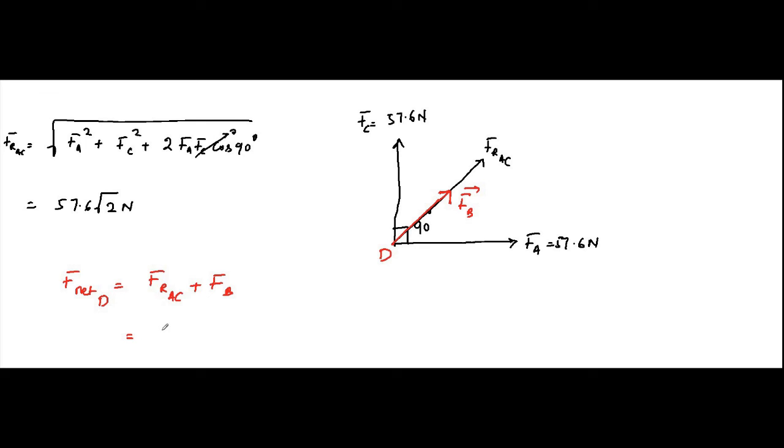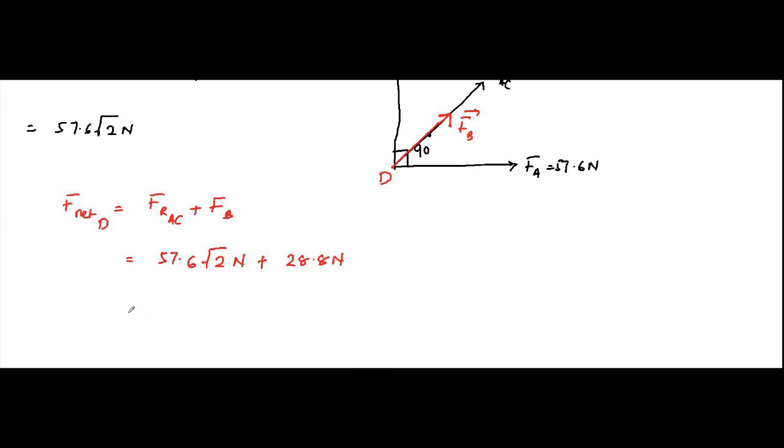That will be equal to 57.6 root 2 Newton plus the FB we calculated as 28.8 Newton. 57.6 root 2 is coming around 81.5, plus 28.8 Newton, that is equal to around 110.3 Newton.